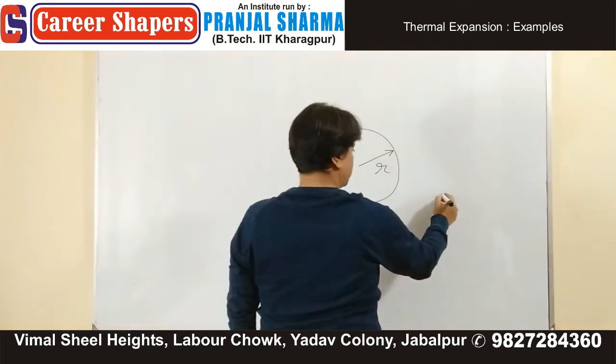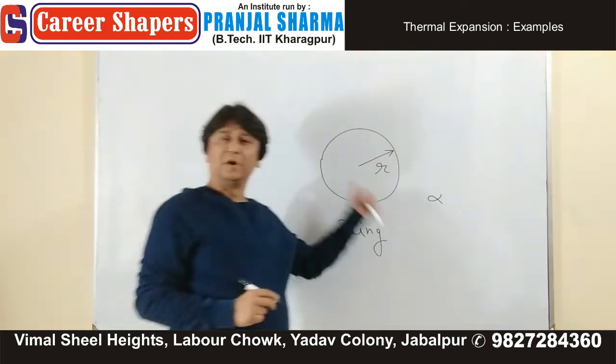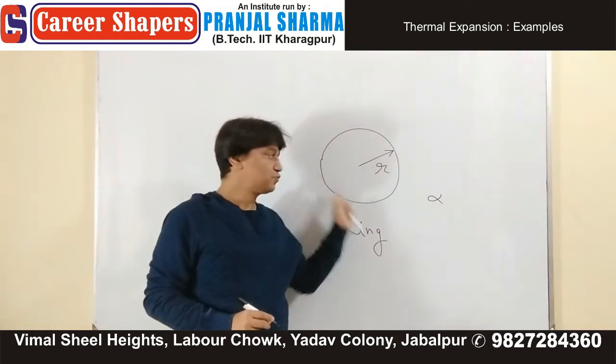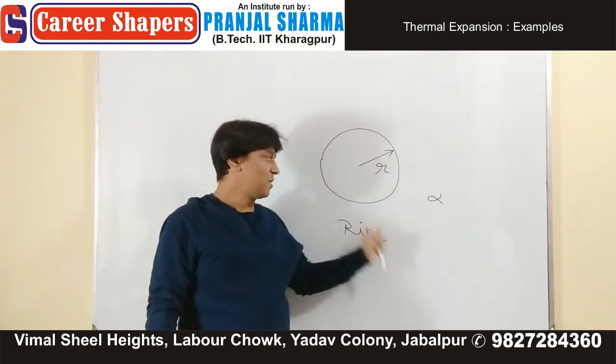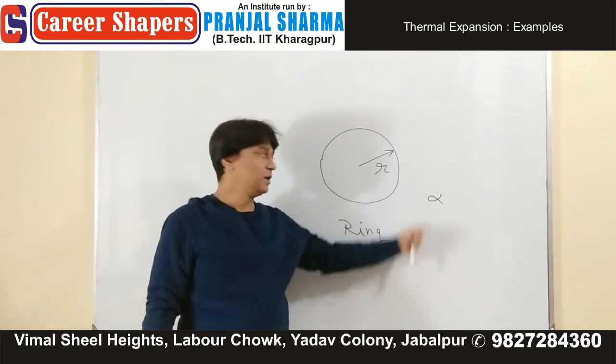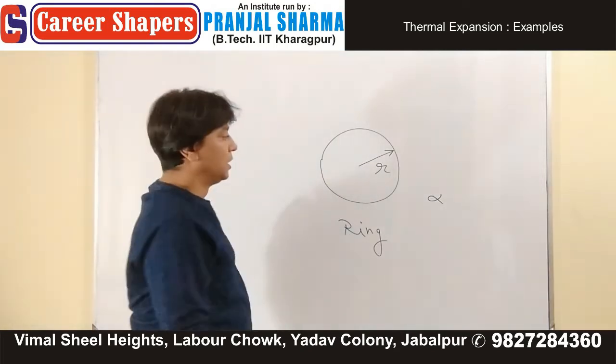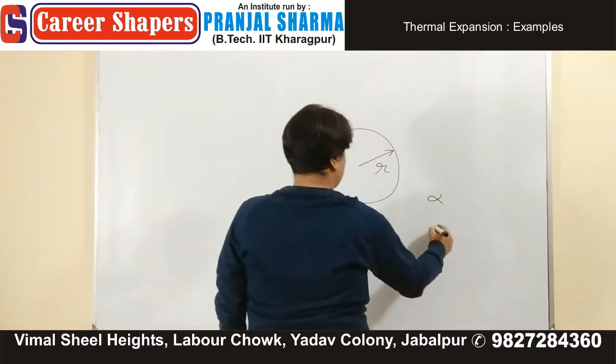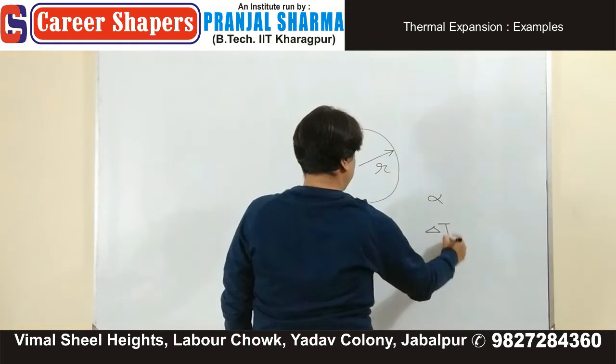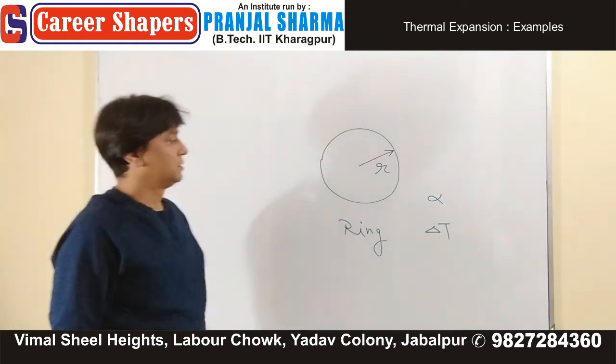The coefficient of thermal expansion of the material, of this wire, is alpha. Temperature is increased by delta T.